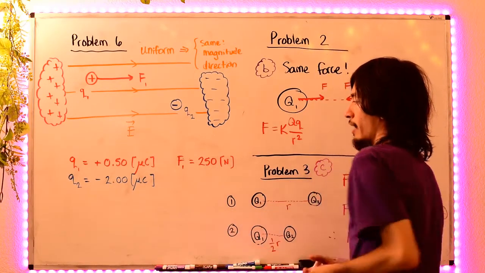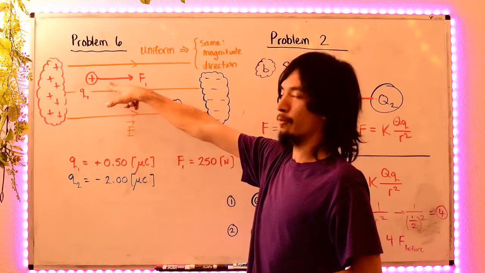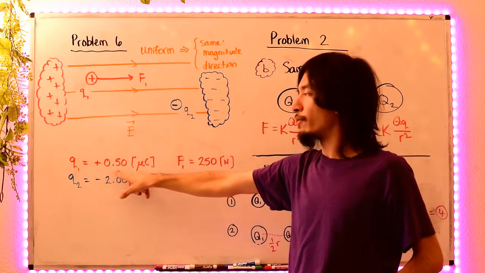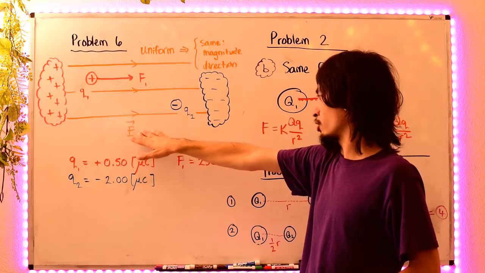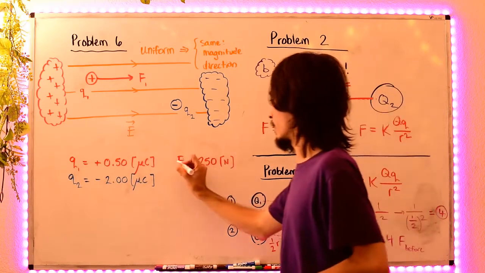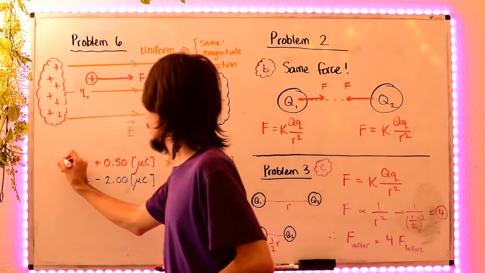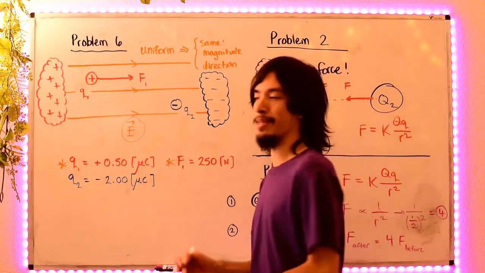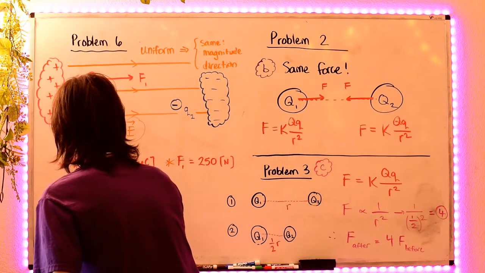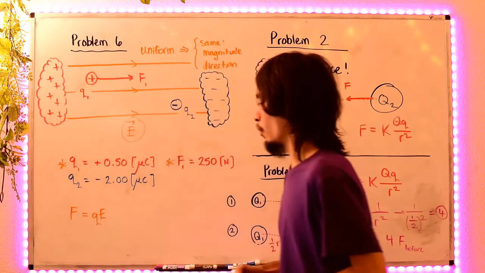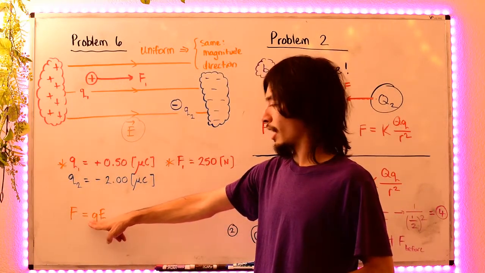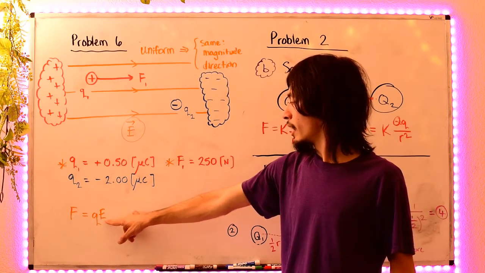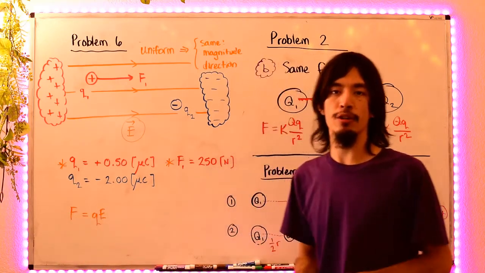I would know that because I have this amount of force here, 250 newtons, corresponding to this charge here, 0.50 microcoulombs, because of this electric field E, the simplest relation that relates those pieces of information together with that electric field E is that F equals Q times E. So F equals Q times E, where this equation literally means if you put a charge, specifically a point charge, in an electric field E, it will feel a force F from that electric field E.